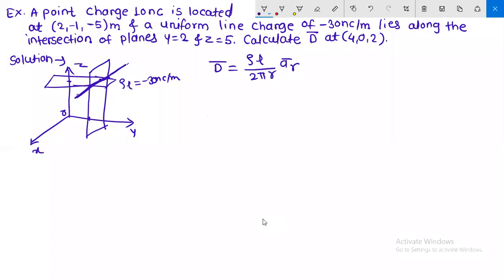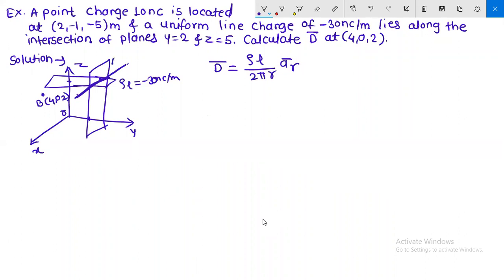Again we have to find this r. Now to find r, we have to find D bar at point 4, 0, 2. Somewhere here the point 4, 0, 2 is present. Suppose this point is B having coordinates 4, 0, 2, and DL means the small section of that line is present at this point.